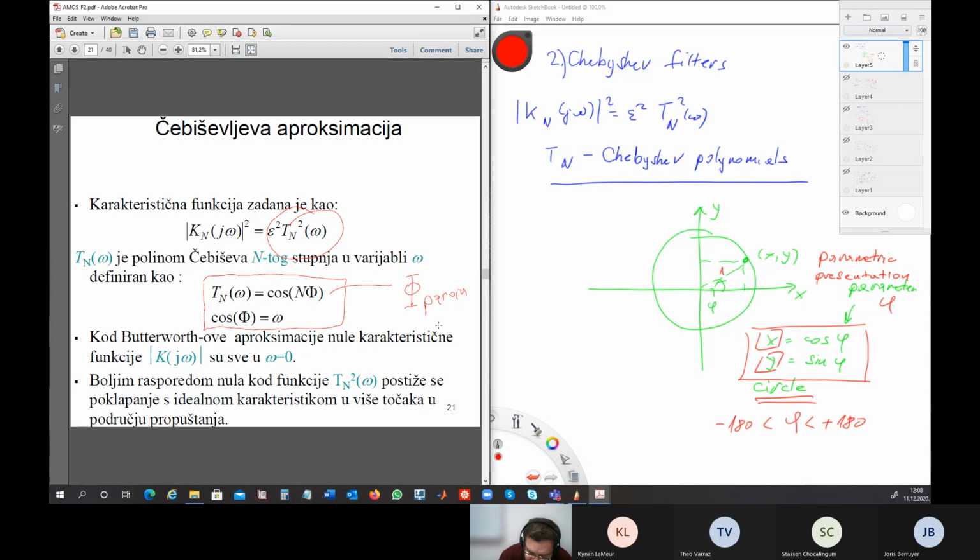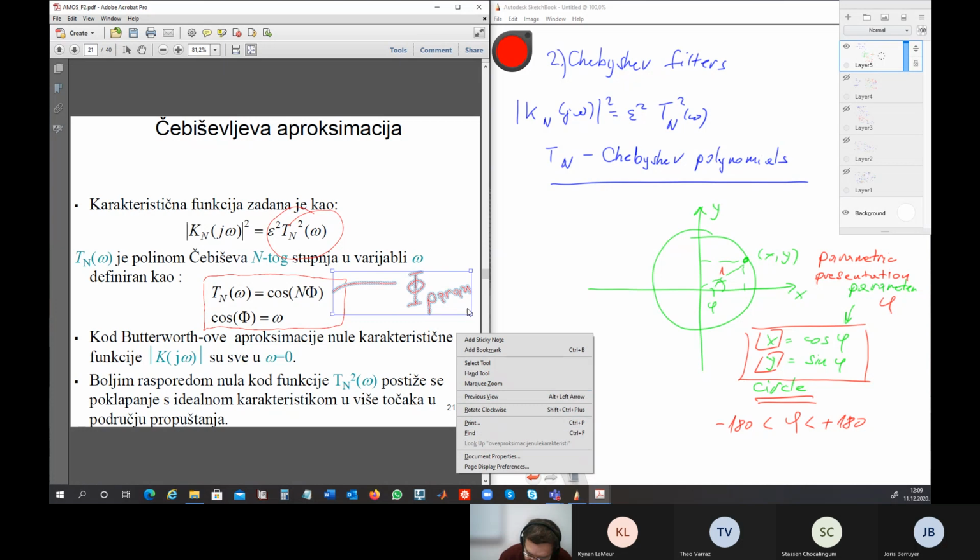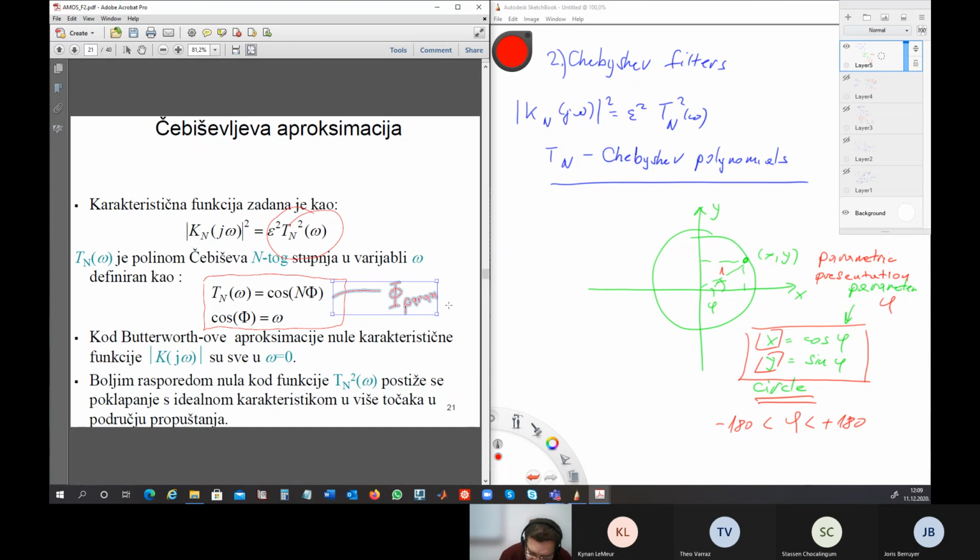So if you change phi, like parameter, you obtain Chebyshev polynomials, and for different omega.